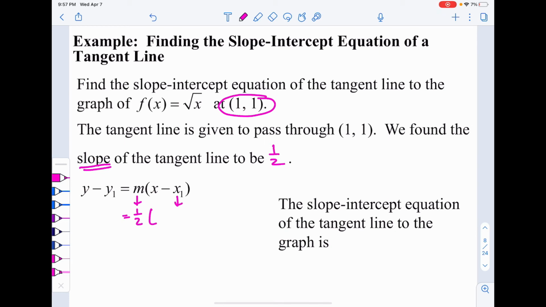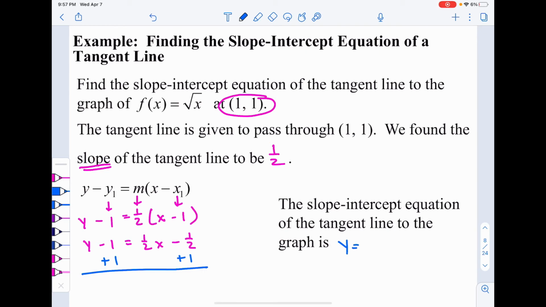My x1 is going to be 1. My y1 is going to be 1. And solve that down. So y minus 1 is equal to 1/2 x minus a 1/2, and then add 1. We end up with a y is equal to 1/2 x plus 1/2. And that is the slope-intercept equation of the tangent line to that graph.